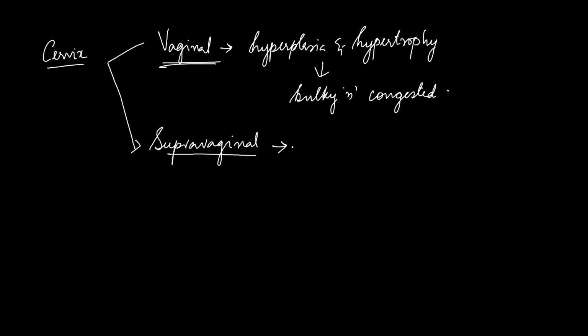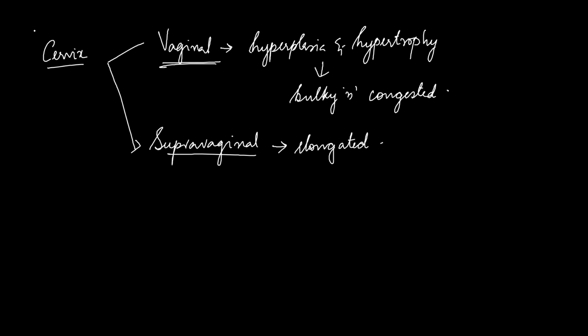At that point, the supravaginal part becomes elongated due to the strain imposed by the cardinal ligaments to keep the cervix in position, whereas the weight of the uterus makes it fall through the vaginal axis. So here it will become elongated. This is what you need to remember.